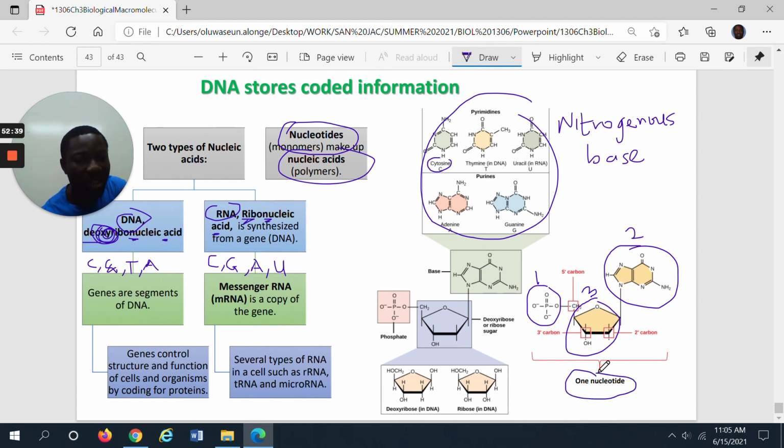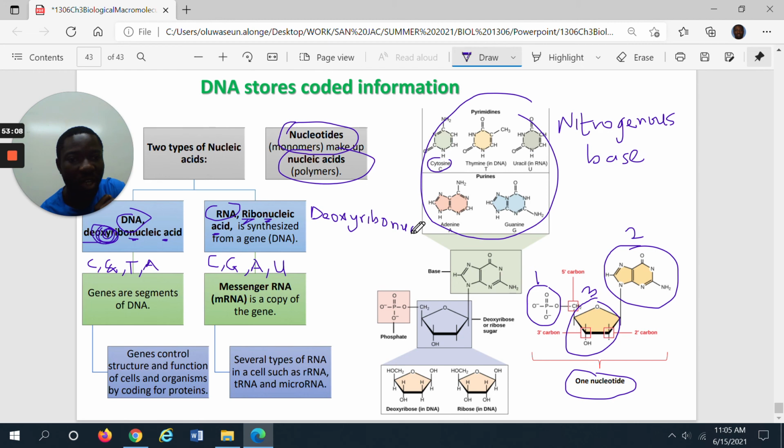Now, as an addition that I don't want you to forget, when we are talking of DNA, generally it is nucleotide, but when we are talking of DNA, we'll be talking about, I'm going to write it here, deoxyribonucleotide.